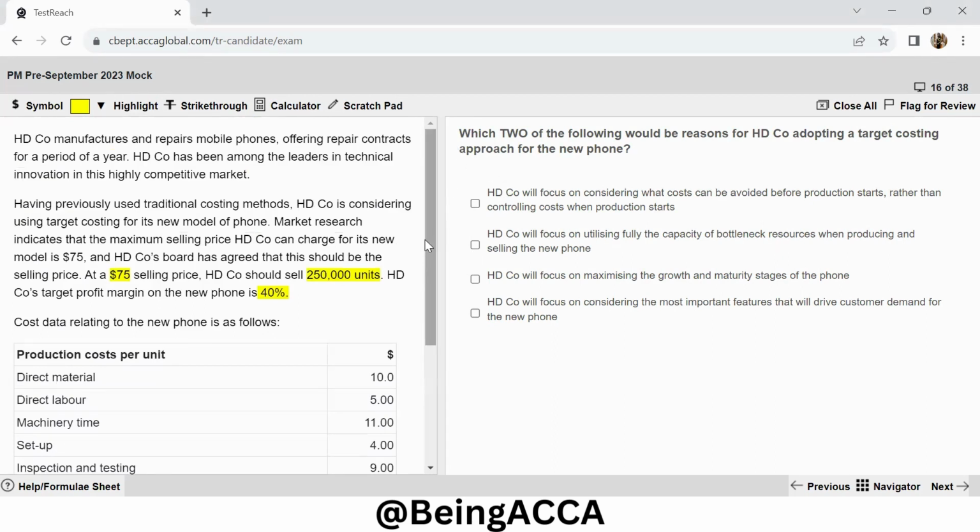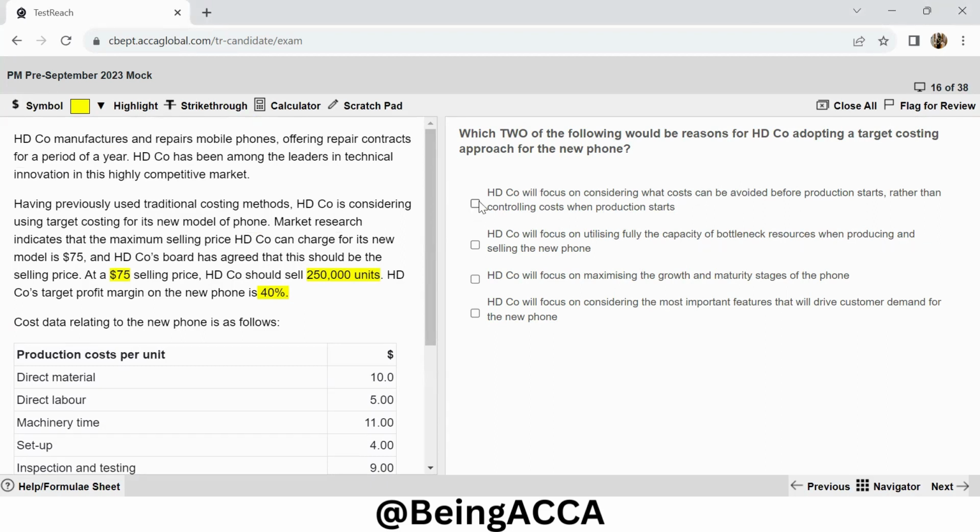Which two of the following would be the reasons for HD company adopting a target costing approach for the new phone? So now let's see what all are the possible reasons why a company will adopt target costing. Right. So let's read the options. HD company will focus on considering what costs can be avoided before the production starts rather than controlling costs when production starts.